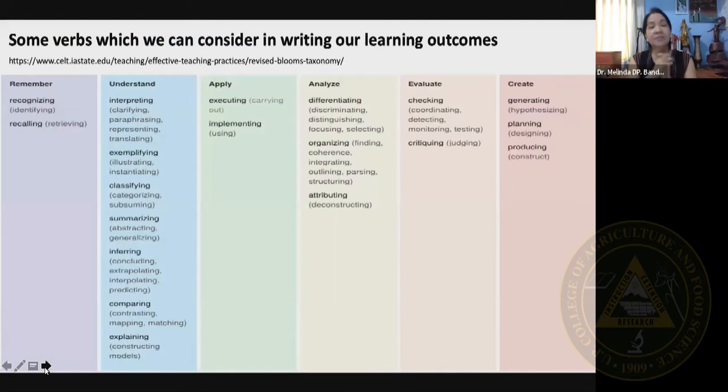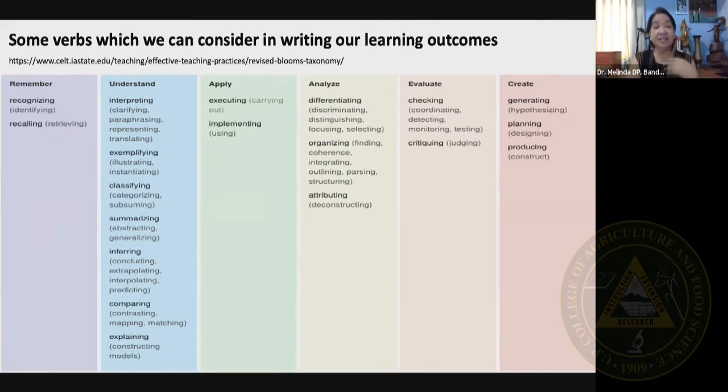So some verbs which we can consider in writing our learning outcomes are these. So again, this is following Bloom's taxonomy. In terms of remember, that lower level thinking, so identifying, retrieving a particular knowledge, listing them.